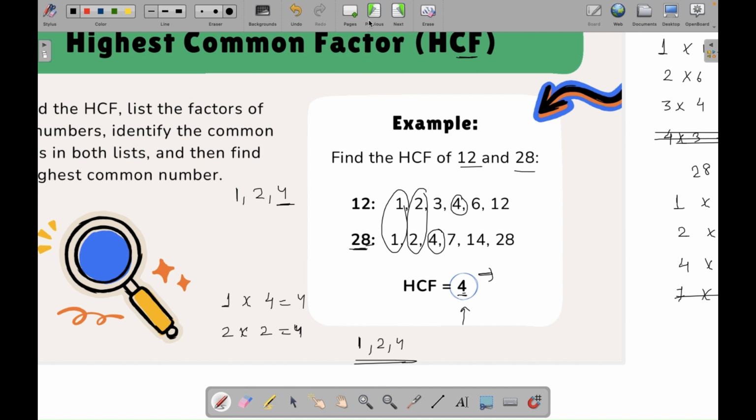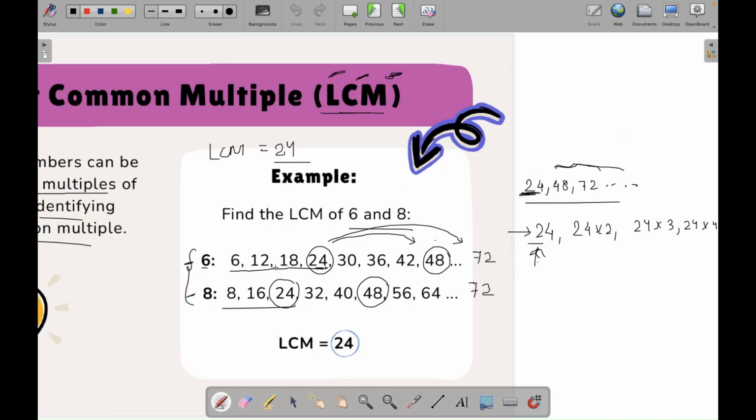Right? And once you find the LCM, no need to find other multiples because all other multiples would be a multiple of the LCM. Okay, this is a very important concept. So this is the lowest common multiple. Since it is the lowest common multiple, all other common multiples will be a multiple of this LCM.